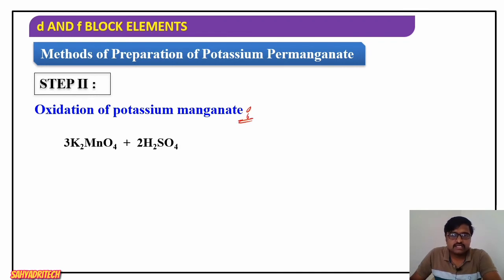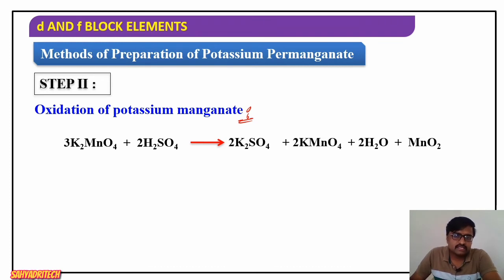This oxidation can be done by treating with sulfuric acid. When potassium manganate, K2MnO4, is acidified with sulfuric acid, there will be formation of potassium sulfate, potassium permanganate, water and MnO2.